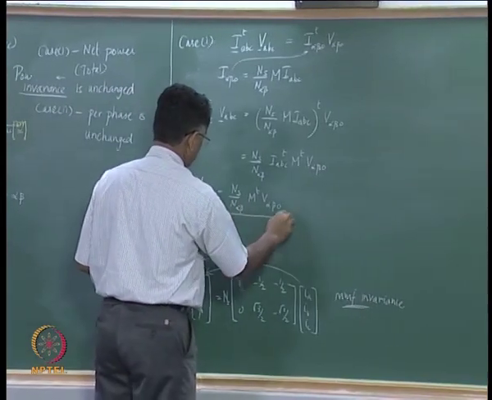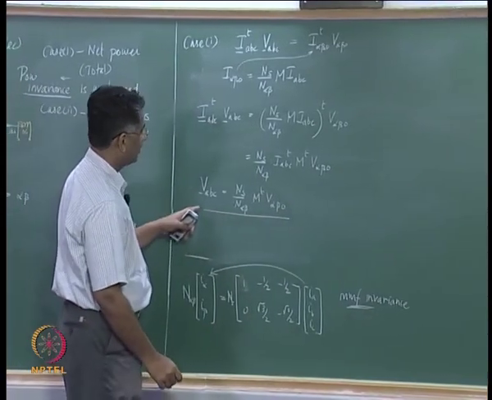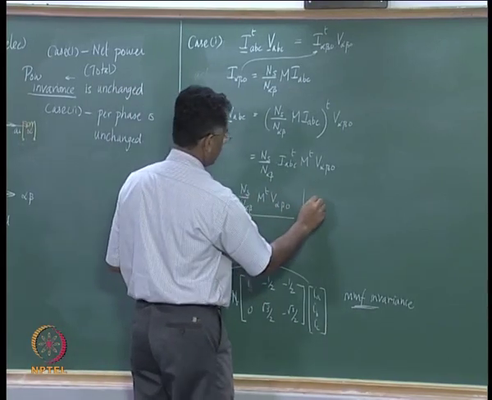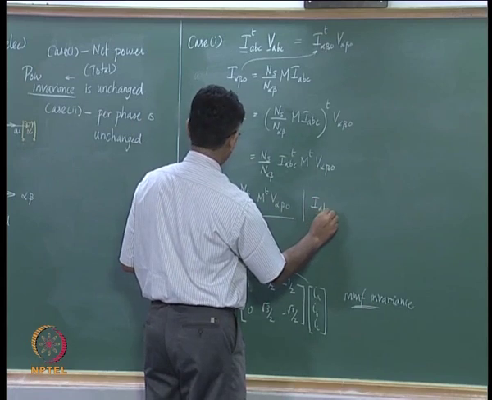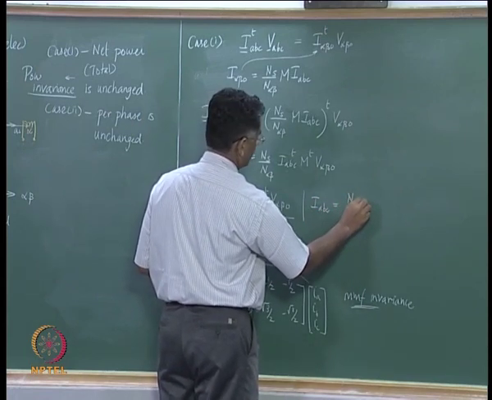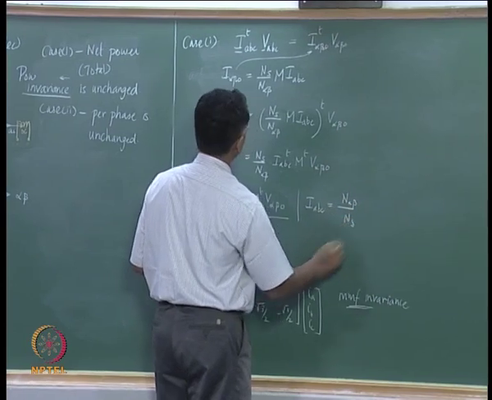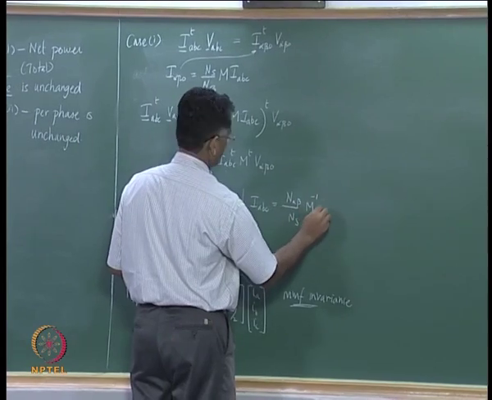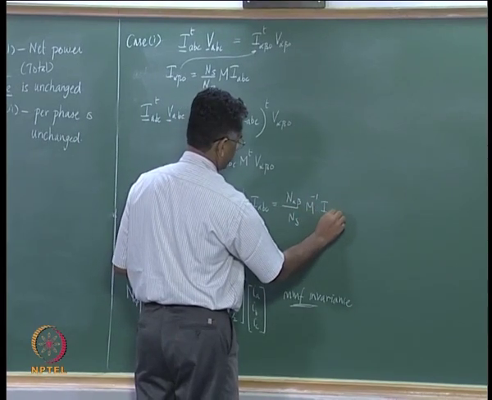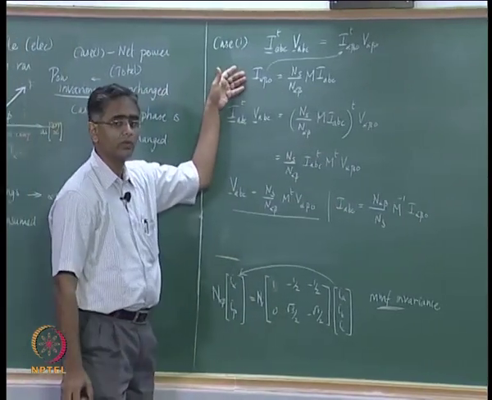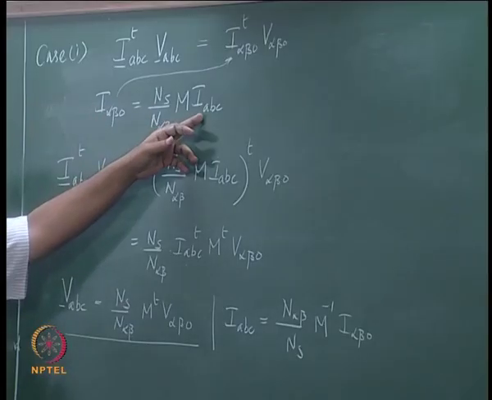Now, what we have already for I is that we have IABC is equal to n alpha beta by ns into M inverse into I alpha beta 0. I have just rewritten the expression that we already have in terms of IABC.